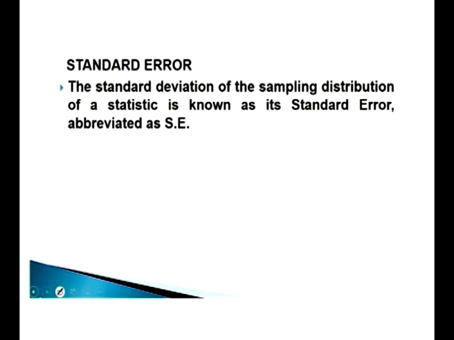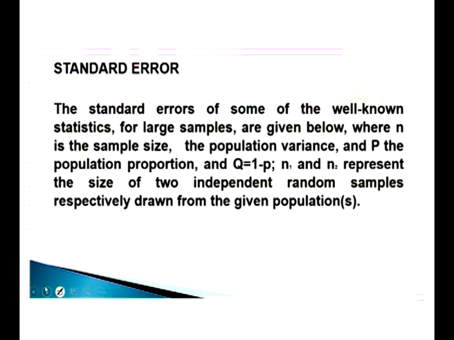After discussing the sampling distribution, parameter and statistics, next we step into defining the standard error. The standard deviation of the sampling distribution of a statistic is known as standard error, abbreviated as SE. Why do we study standard error?